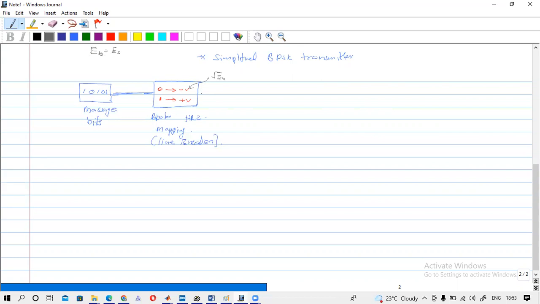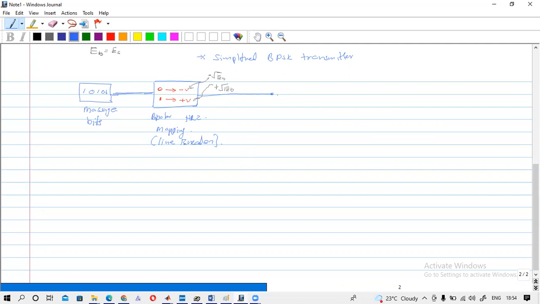So if 0 is there, we will generate minus root Eb voltage. If 1 is there, we will generate plus root Eb voltage. So we have the line coded signal, with plus or minus root Eb.